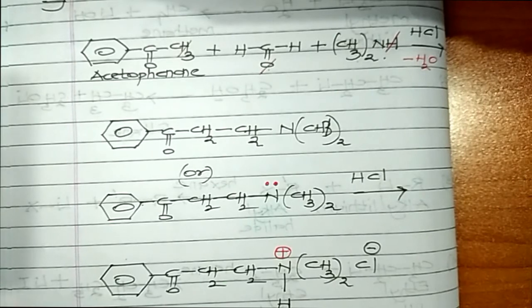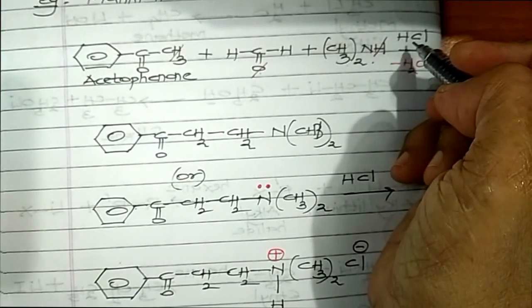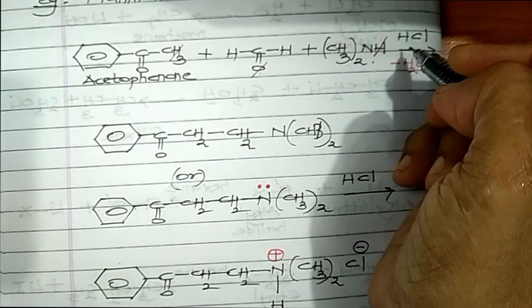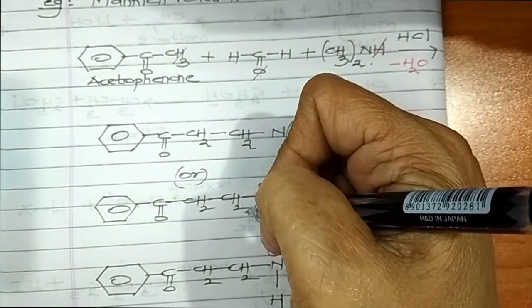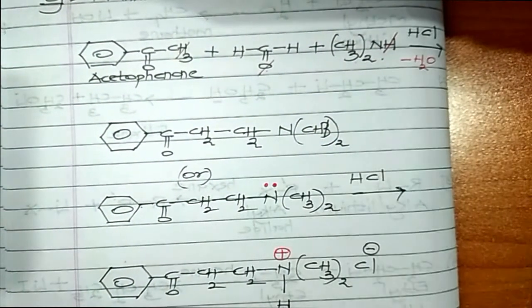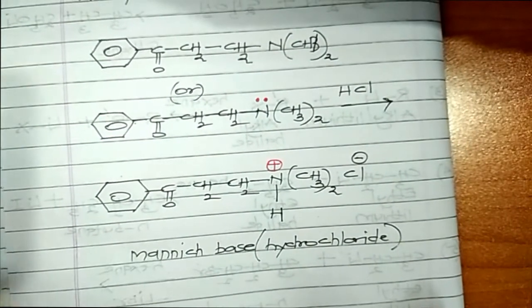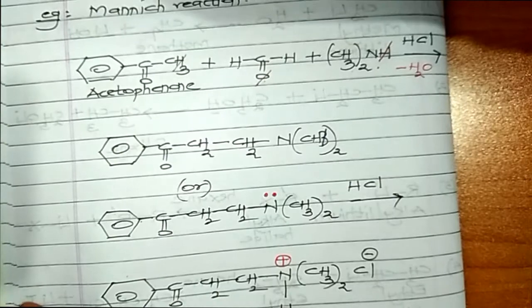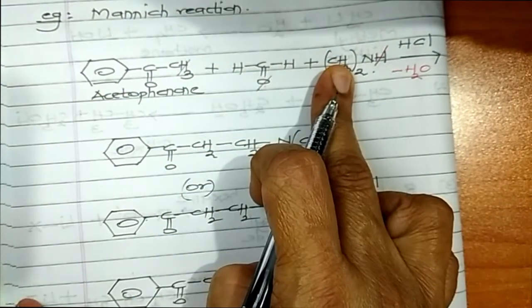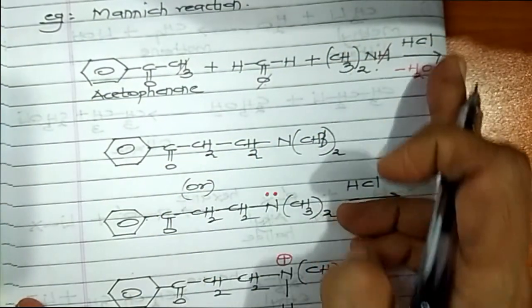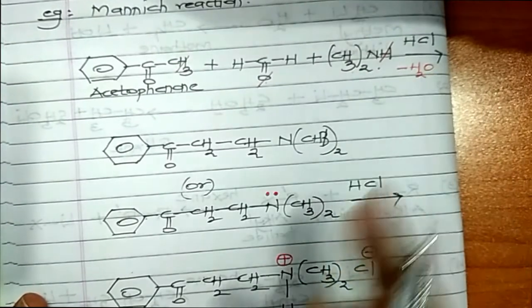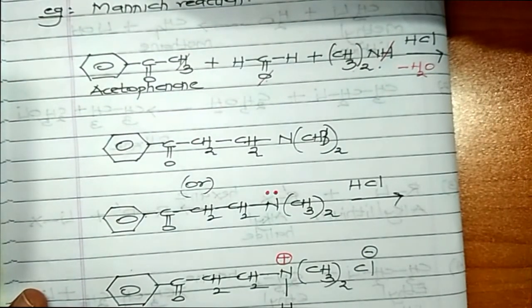But because you have used hydrochloric acid in the medium, that hydrochloric acid will react with this and give you the formation of a compound which you call a Mannich base. So when you have to write it in the exam, you please write hydrochloric acid minus water and directly jump to this Mannich base.